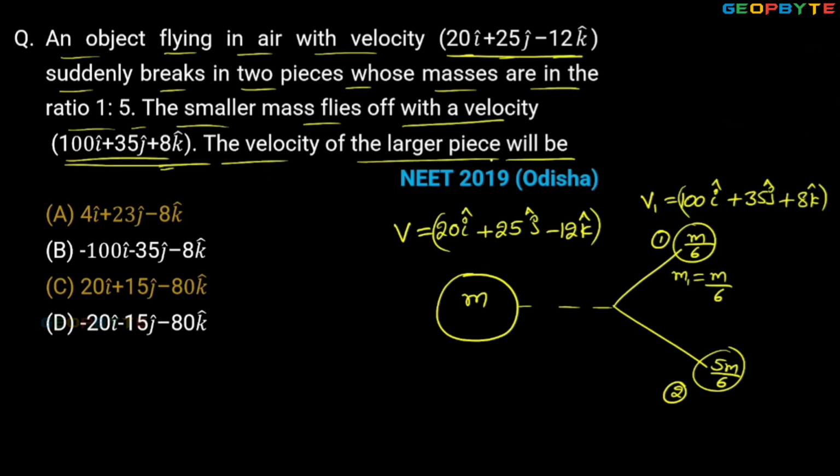The velocity of the larger particle: here m2 equal to 5m by 6. What is the velocity of that particle? That is the question. So you can find v2 by the law of conservation of linear momentum.